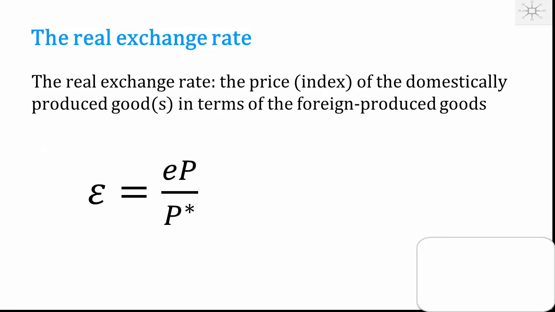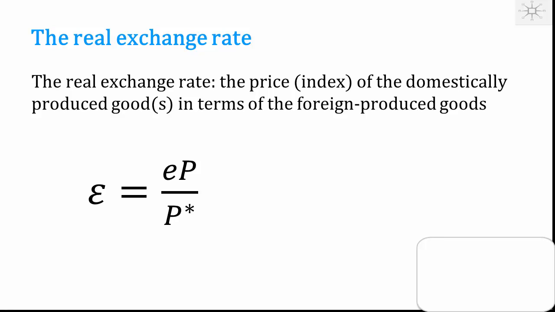And then we have the key concept here, which is the real exchange rate, which is the price level in the country compared to the price level abroad. And it can be defined in different ways. Here we define it in terms of the goods produced in different countries. And the way to look at it is as follows. If a foreigner buys the foreign good, then the foreigner pays P star for the good, or the foreign basket of goods.